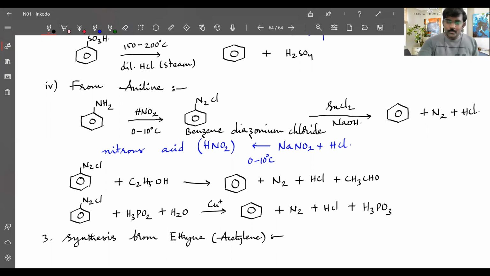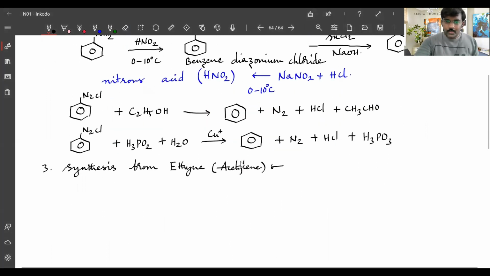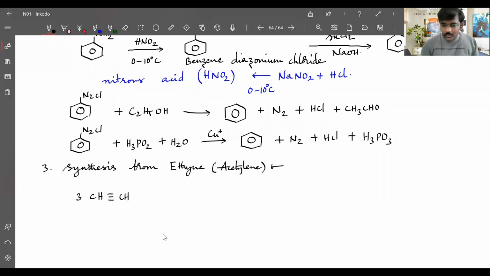So we take acetylene, and that acetylene will be passed through a red hot metallic tube, a red hot iron tube. In that case cyclic polymerization takes place, and the benzene ring will form. Suppose I take acetylene gas, 3 moles of acetylene, and pass it through a red hot iron tube.